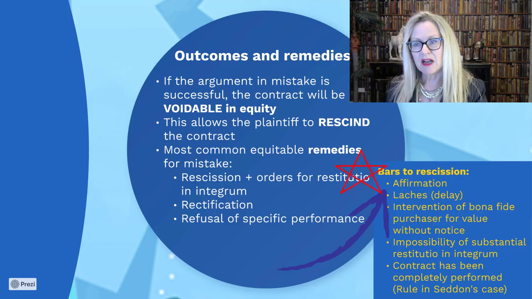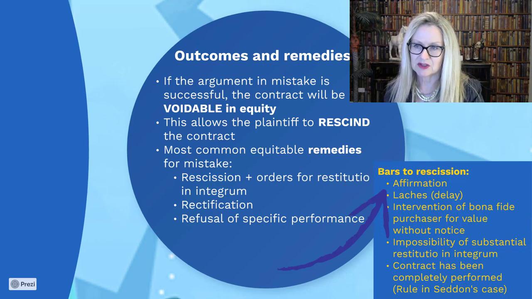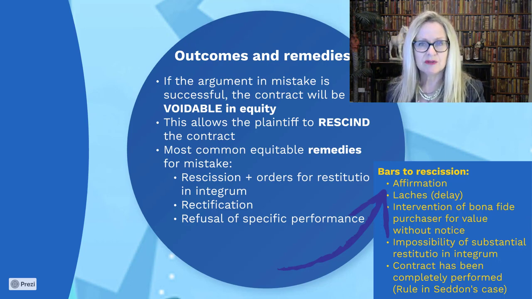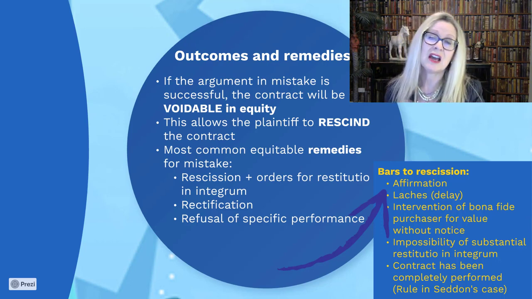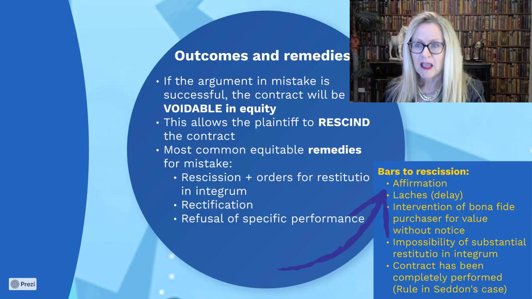We call these the bars to rescission, and I've got them in yellow there in the little box on the lower right-hand side. So affirmation: if you've actually said to the other party, oh, look, that's okay, I'm happy to keep going with the contract anyway, you've affirmed it, you then can't go back and rescind. If you have delayed in bringing any action, we call that laches, then unfortunately your action for rescission will be knocked out.